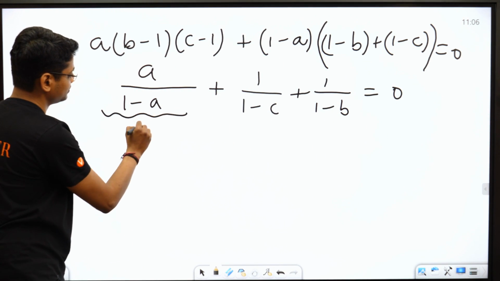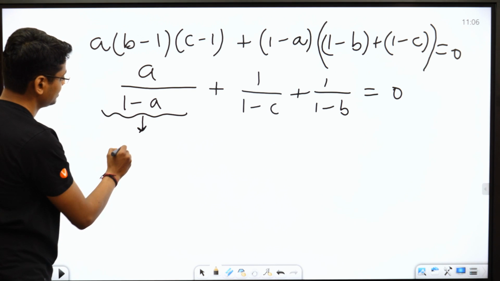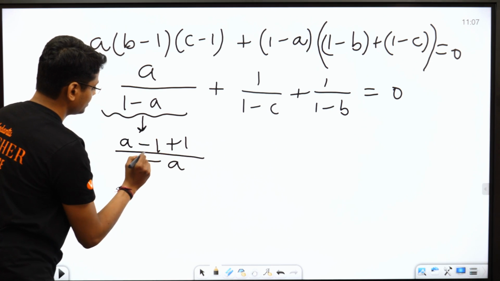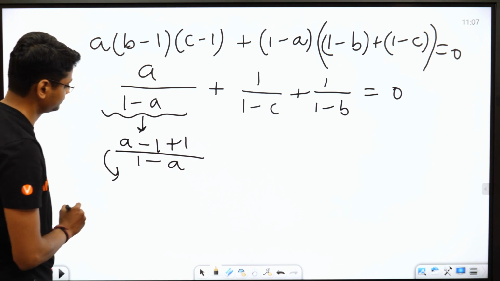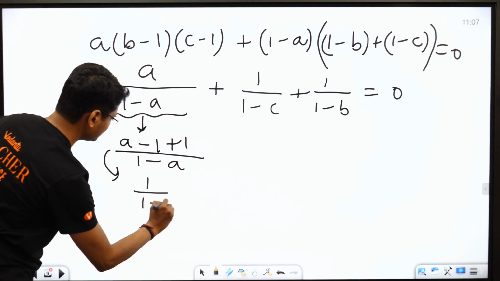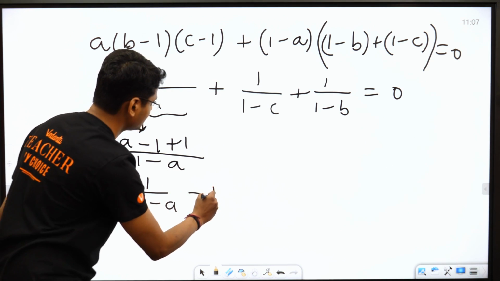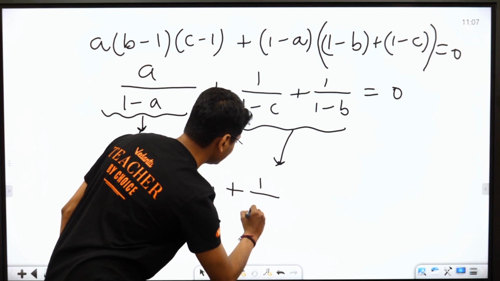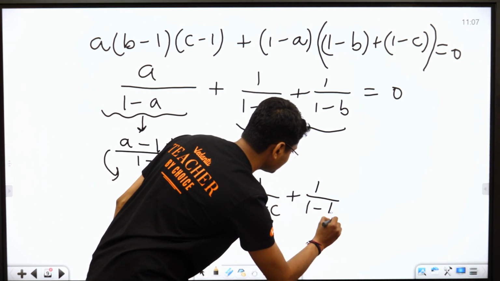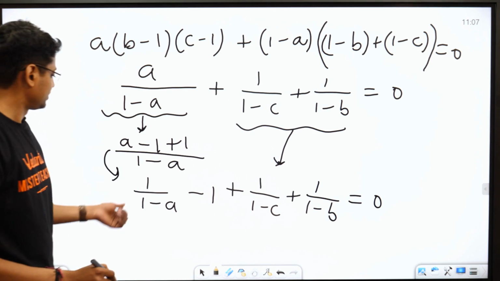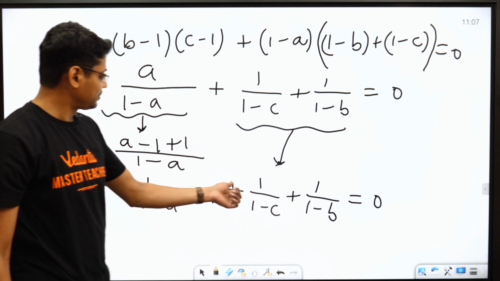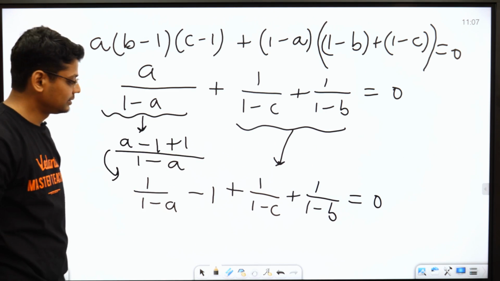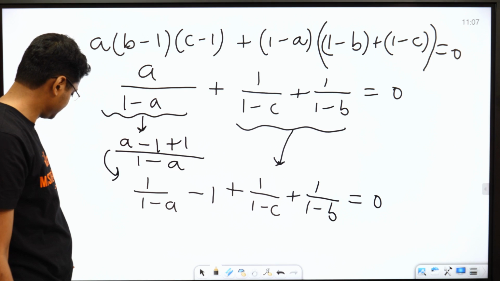Now this term I can write as A minus 1 plus 1 by 1 minus A, which is effectively 1 by 1 minus A minus 1 plus 1 by 1 minus C plus 1 by 1 minus B equal to 0. So the expression 1 by 1 minus A plus 1 by 1 minus B plus 1 by 1 minus C is equal to 1. That's it. And 1 is our answer.